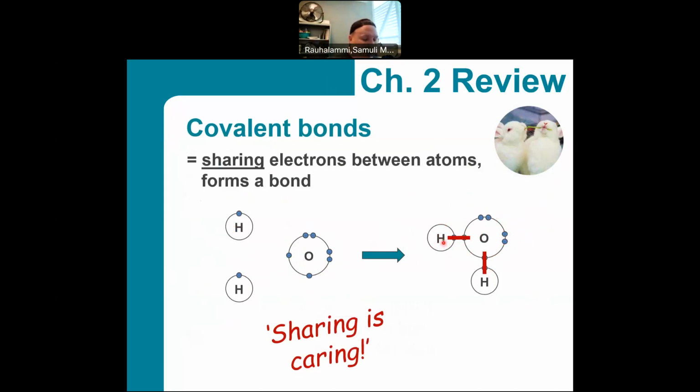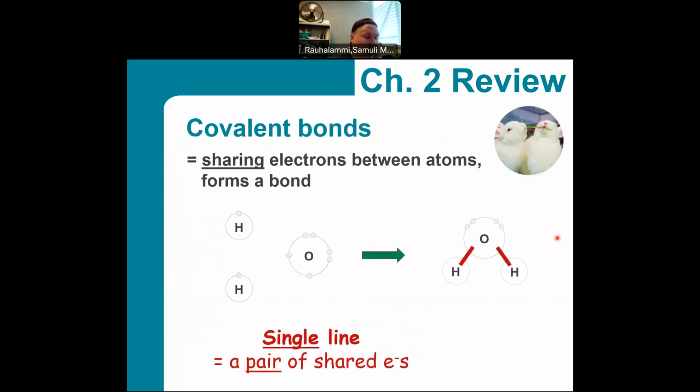And when we're talking in a chemical shorthand of sharing a pair of electrons, we typically symbolize it in our notes as a line that connects these two atoms together. So a line will symbolize to you in a chemical shorthand a covalent bond where 2 electrons are shared together.